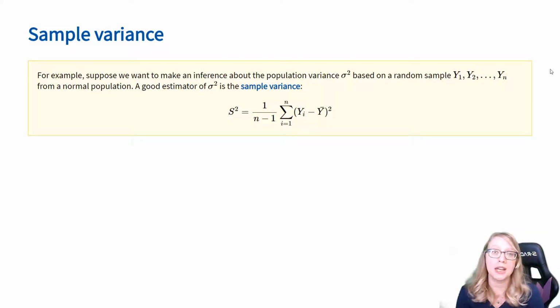One good estimator of sigma squared is the sample variance, usually denoted s squared. We calculate it by taking the difference between the observed values yi minus the sample mean y bar, squaring those, and dividing by n minus 1.